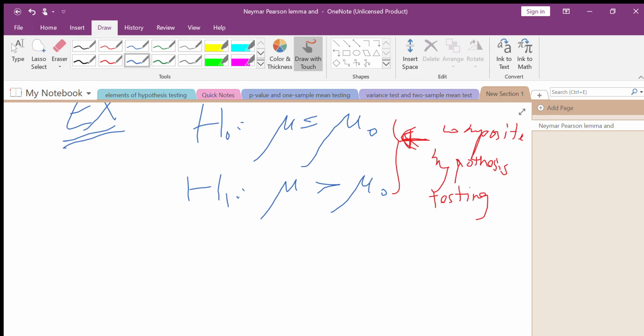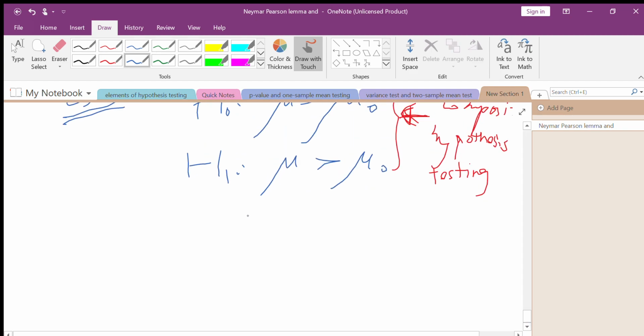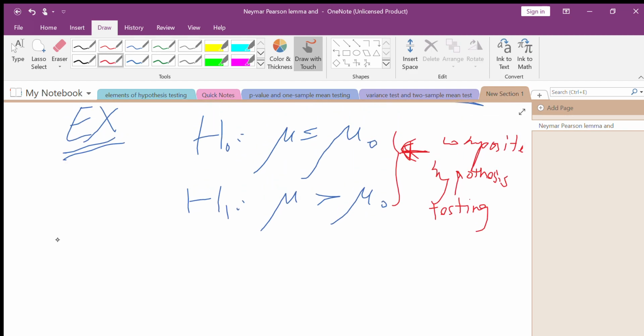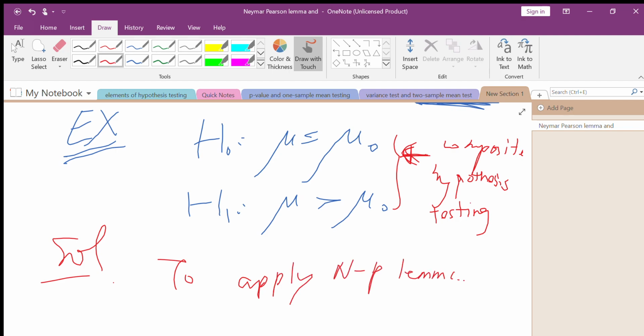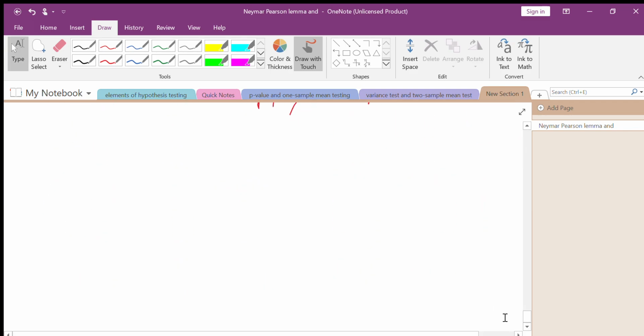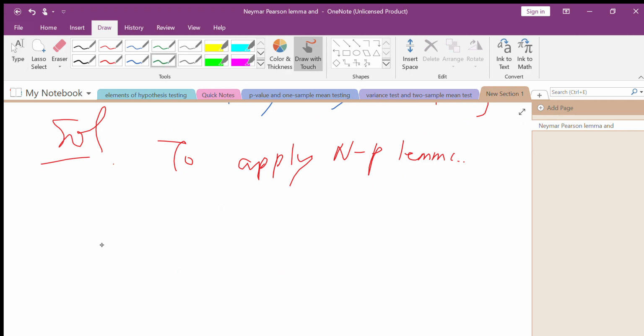So in this question we would like to apply the Neyman-Pearson lemma. To apply the NP lemma, we need to first transform this hypothesis testing.